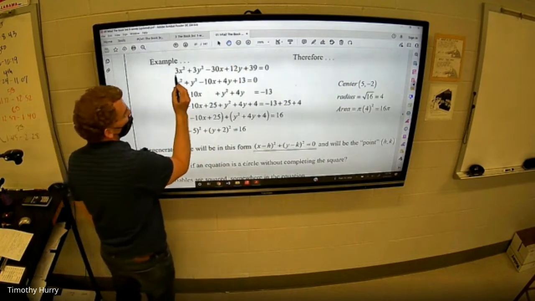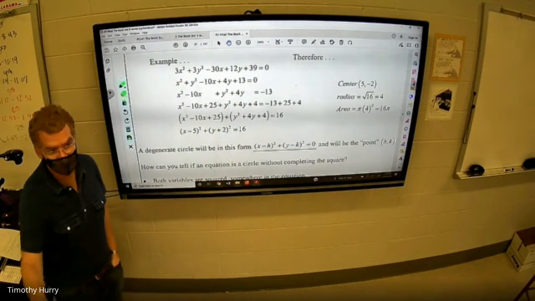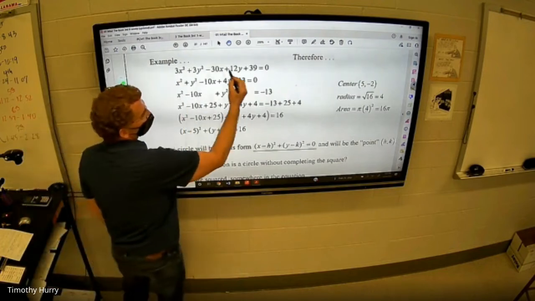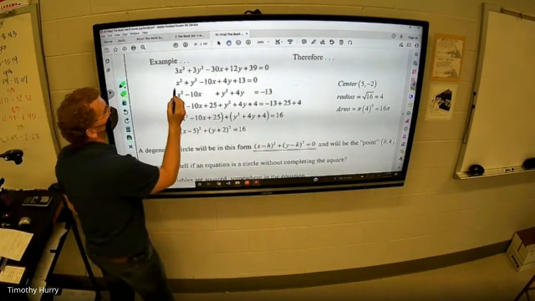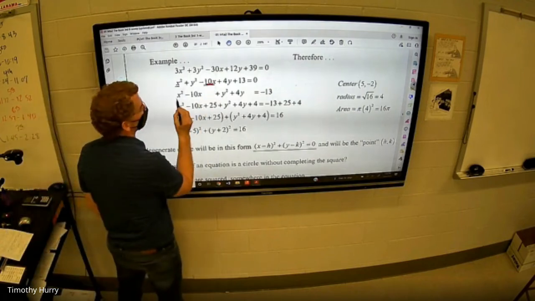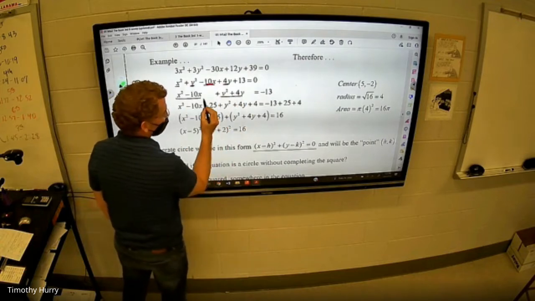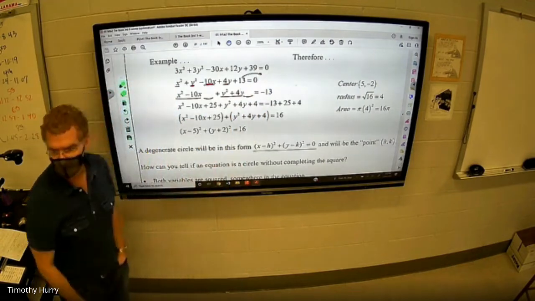Actually, you can divide by 3 if you want. You don't have to do that, but you can. Sometimes that makes fractions, so sometimes people don't like that. But look, I divided by 3 here because the 3 divided in nicely. Why not, right? So then I took all of my x's and put my x's together right here. I took all of my y's and put my y's together. Notice I left a little space to complete the square, and I moved the constant to the other side.